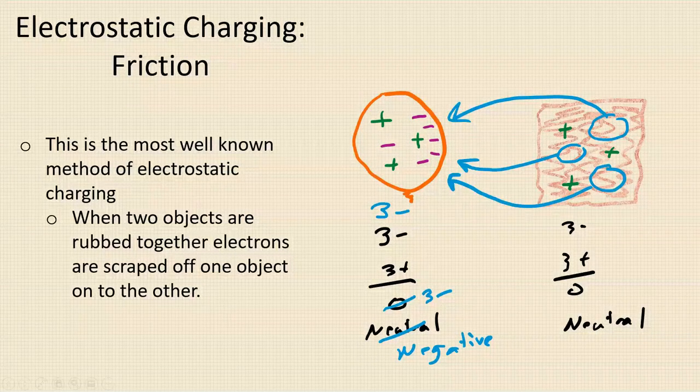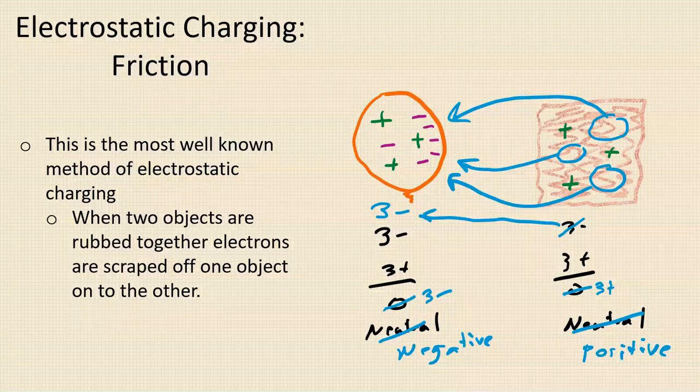And over here we have lost those 3 negatives to the balloon, and that results in a 3 positive charge overall, because there's no more negative. So as you can see, when we scrape the balloon on the fabric, if it gains electrons, it becomes negative because it has more negatives. But the fabric, having lost the negative charges, becomes positive because of the loss of the negatives, leaving more positives behind.